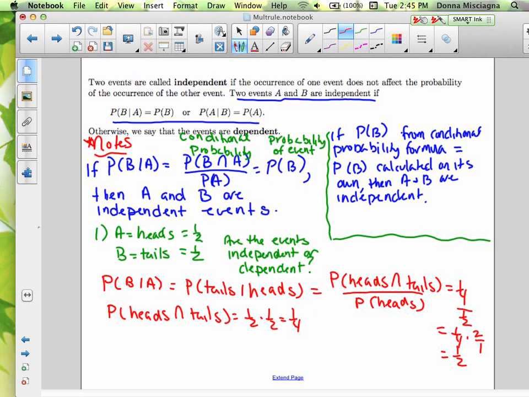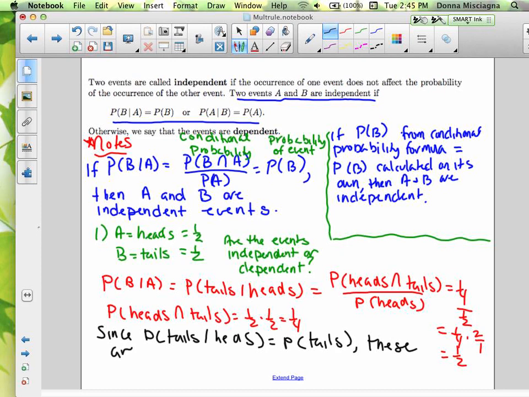So notice we get the same thing. So since the probability of tails given heads equals the probability of just tails all by itself, these are independent events.